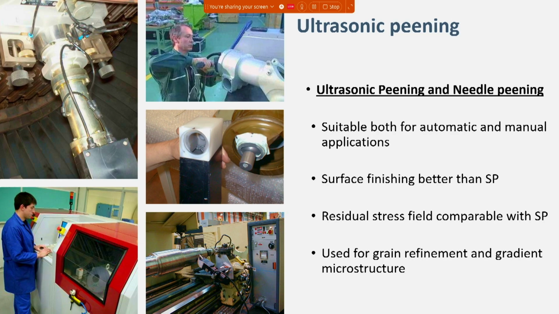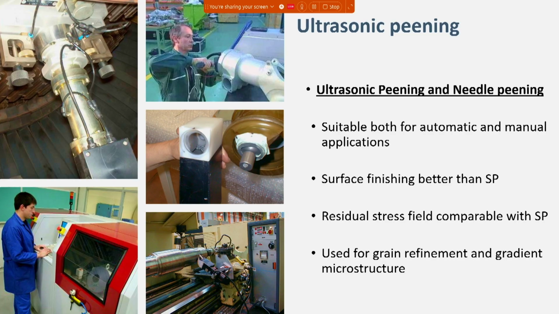Here there is a manual application of needle peening by means of this operator. This is the chamber of a treatment, and here is again needle peening that is applied similarly to deep rolling, hammer peening, sorry.